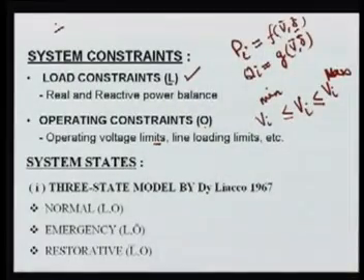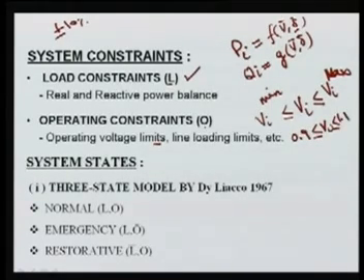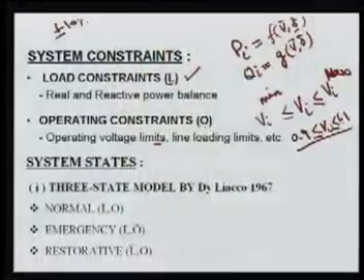And already in the power quality issues, I explained that we can go maximum for 10% of voltage violation. So this voltage normally we take at 0.9 per unit to 1.1 per unit. So this is your operating voltage limit. Again, this voltage limit is not 0.9 and 1.1 for all the buses.